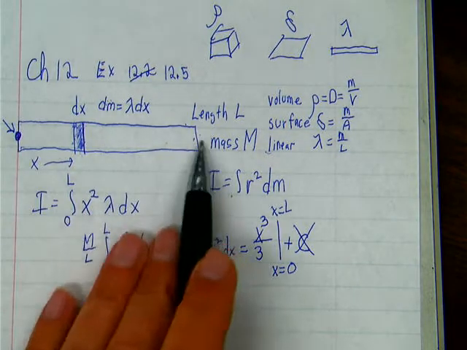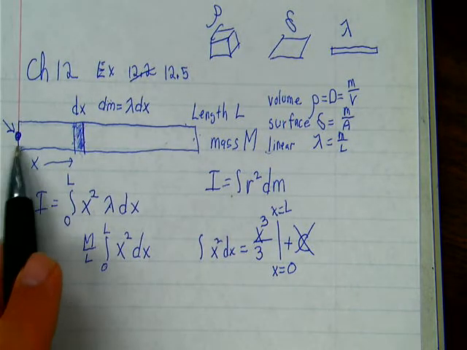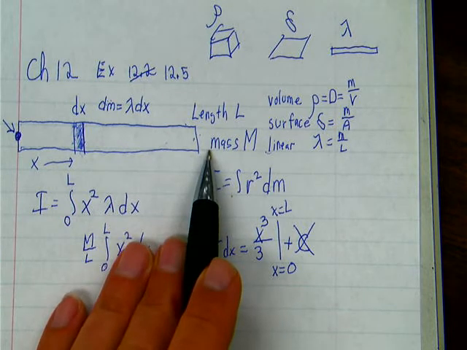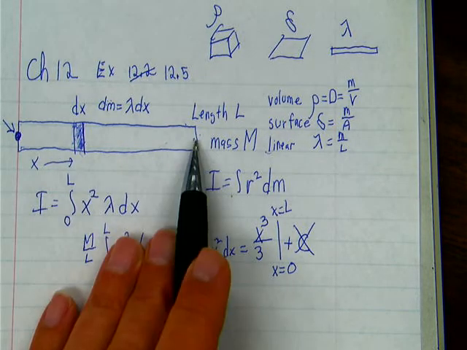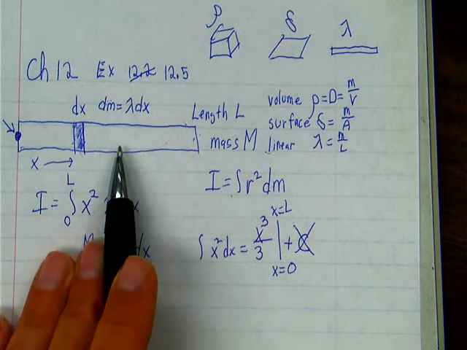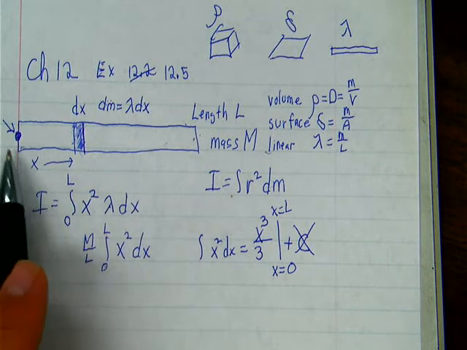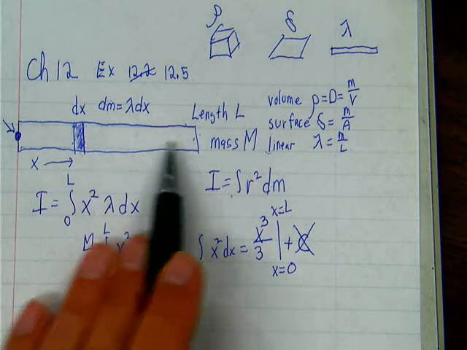If I do the entire length x, of course that should be the entire mass m. If I do half the length, x over 2, I should end up with half the mass, m over 2.